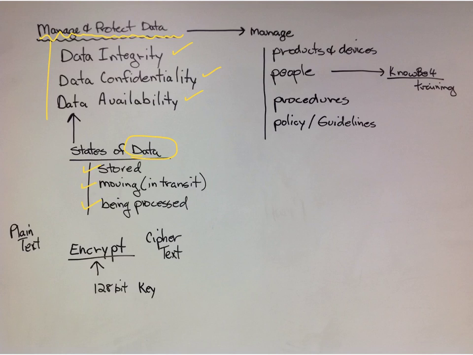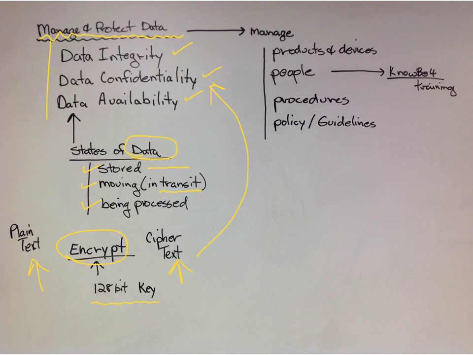A lot of times, to keep data confidential, people think of data in transit, but it can also be when it's being stored. When you think about those two, we can take plain text data and encrypt it into some type of ciphertext.